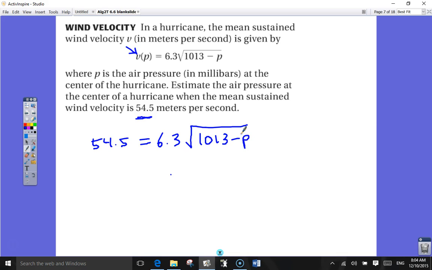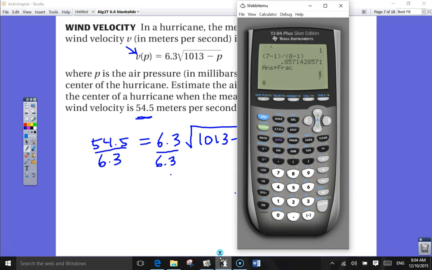Okay, so now we're going to solve it. At this point, it's just a radical equation like the ones we solved on the previous page. So first step is isolate the radical. Divide by 6.3. And I imagine we don't have any calculators out, so let me do that.